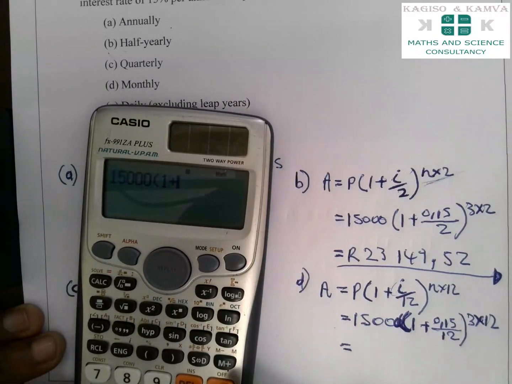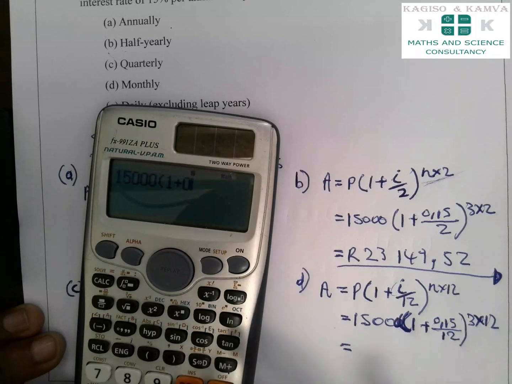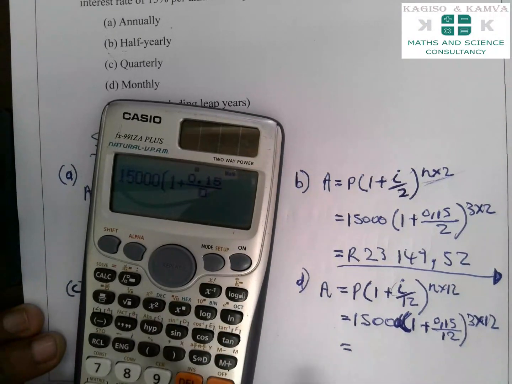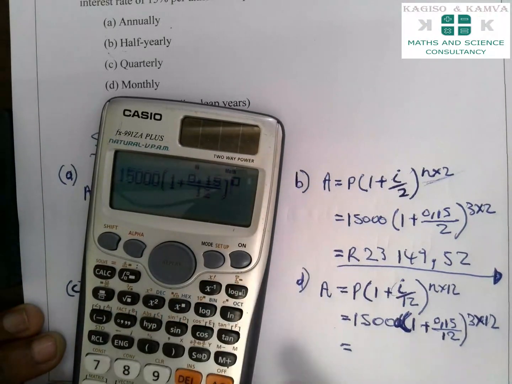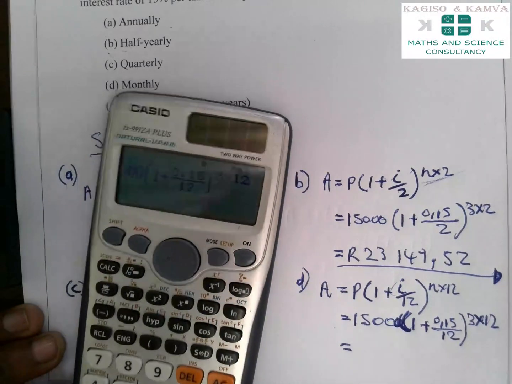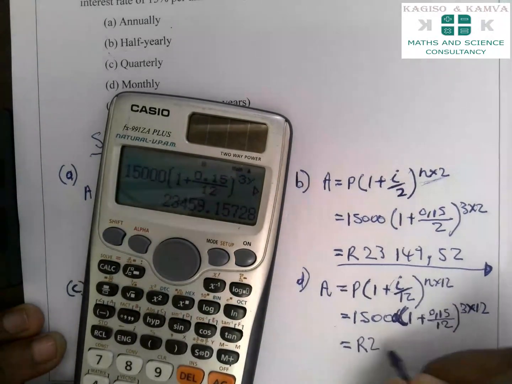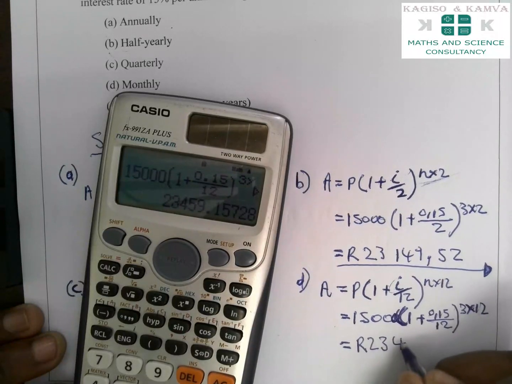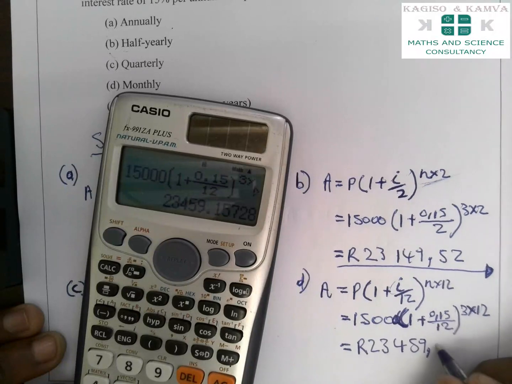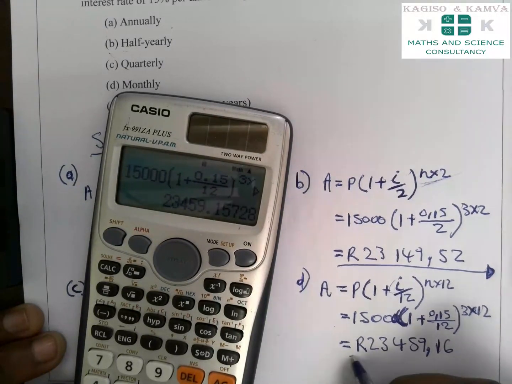And we have how much? So we're going to get 23,459.16.